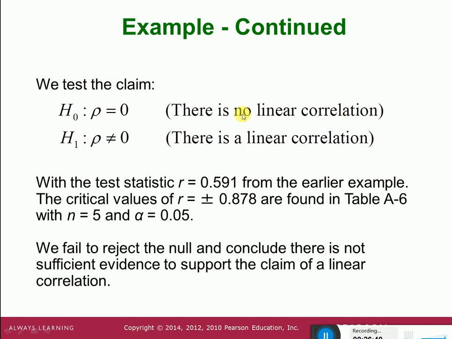So no linear correlation for this example, because 0.591 is less than 0.878 from table A6. Less than, no linear correlation.